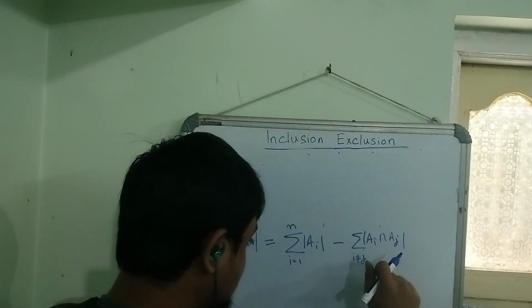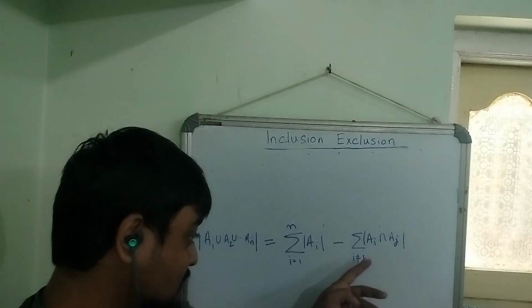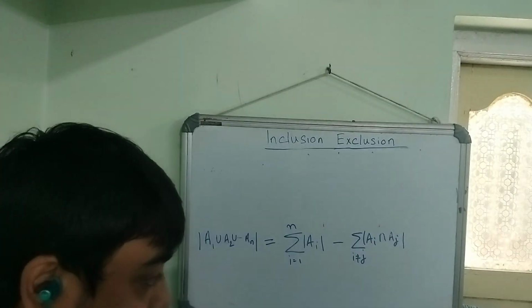Those two must be distinct, so i is not equal to j, which means Ai and Aj are distinct. If Ai and Aj are the same, then that's not different sets.